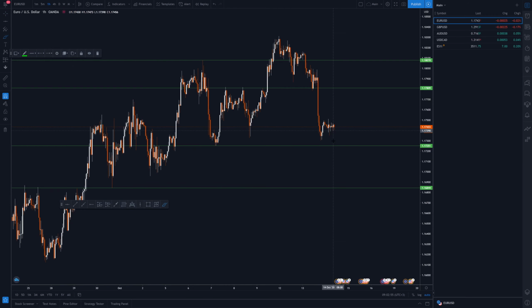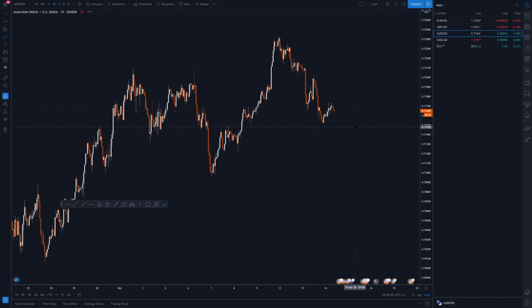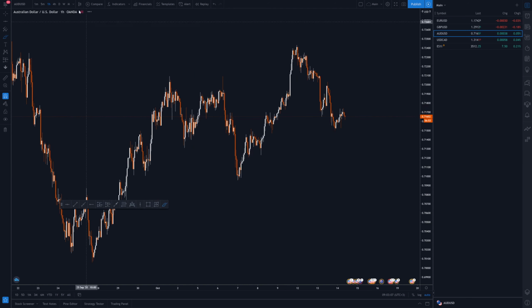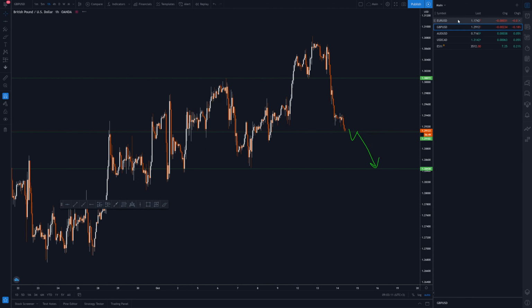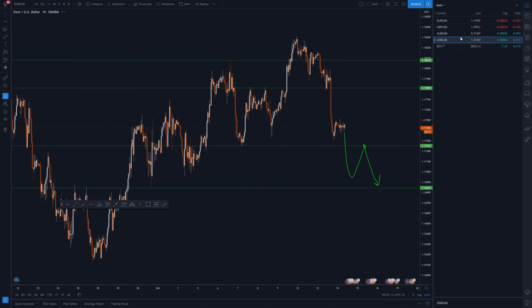Okay, so if we break below and come back for a retest from underneath, we sell right here at this point and target the next level to the downside. Now Aussie. In Aussie, you can have an example of the trade I'm offering to you in pound and euro.